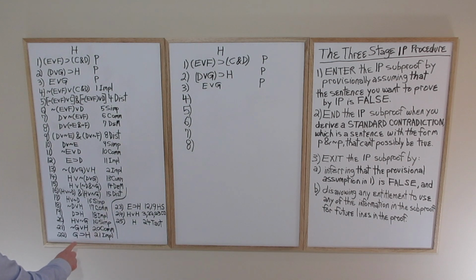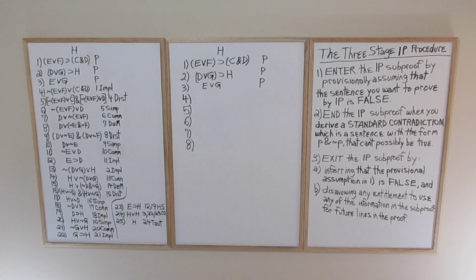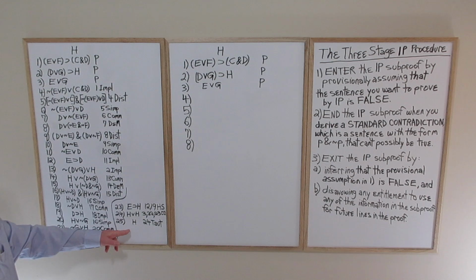G horseshoe H has an antecedent which is identical to the right disjunct. So that enables us to carry out, using lines 3, 22, and 23, a constructive dilemma to get the disjunction H or H, which by tautology will give us H.